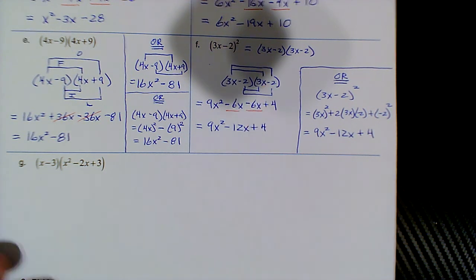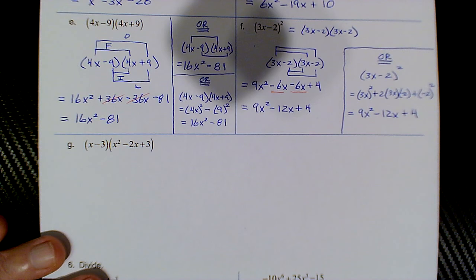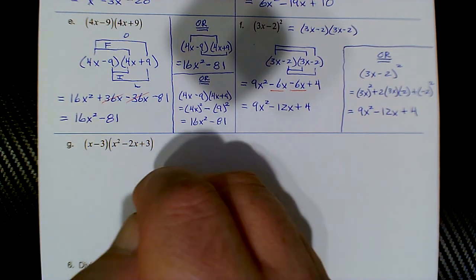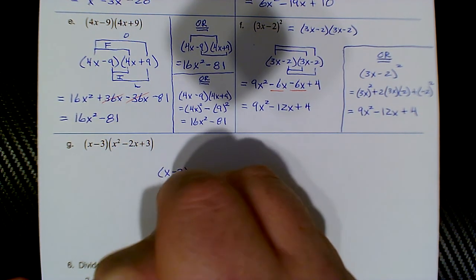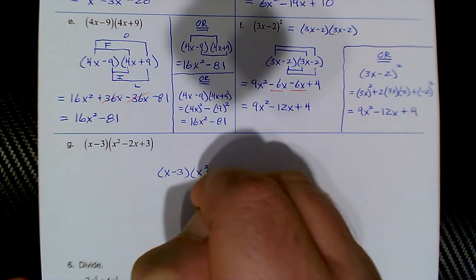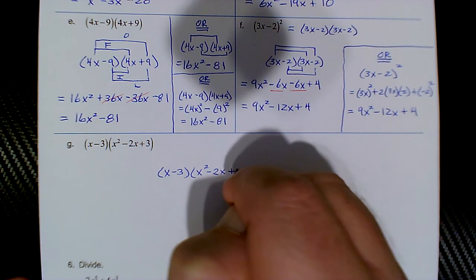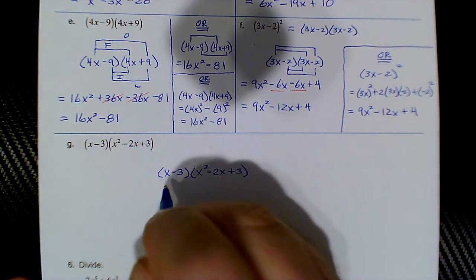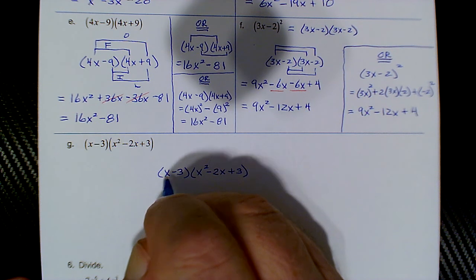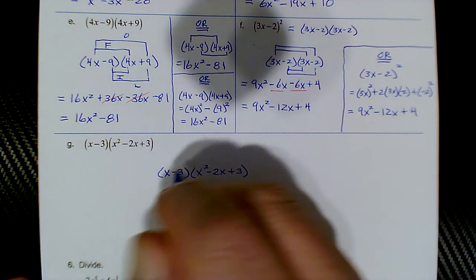Okay, here's a special one, a binomial times a trinomial. And it's really the double distributive property, an extension of the FOIL method, because this x now gets multiplied by all three terms.